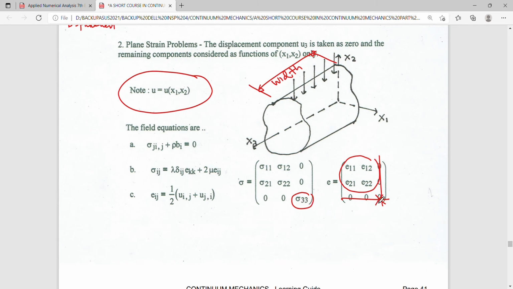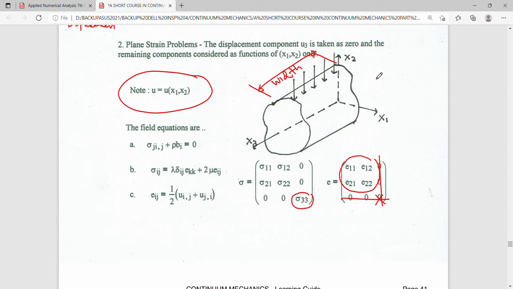Because if there is no strain here, or you have a very small strain here because of the large dimension, the particle cannot move in this direction, then sigma 3 sometimes may be insignificant. But not all the time. Okay, that's why normally when you have a plane strain problem, sometimes they ignore the stress at the third axis.